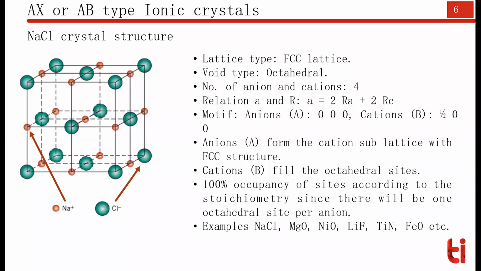So we define all anions to be at 0, 0, 0, and vis-a-vis to that, we define the nearer cation site, which is in the middle of the edge. So we call it 1/2, 0, 0. Otherwise, all your cations will also have some unique coordinates, like you may be along X, along Y, along XY, or along XZ.